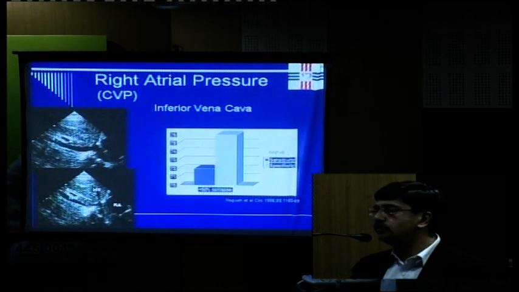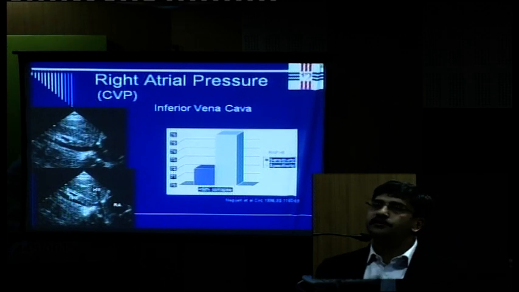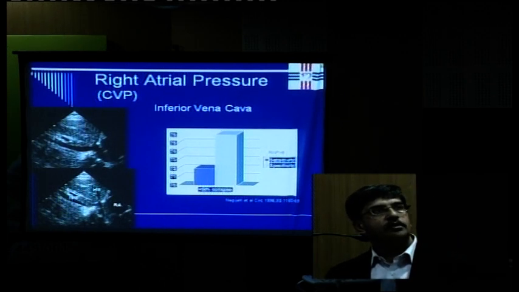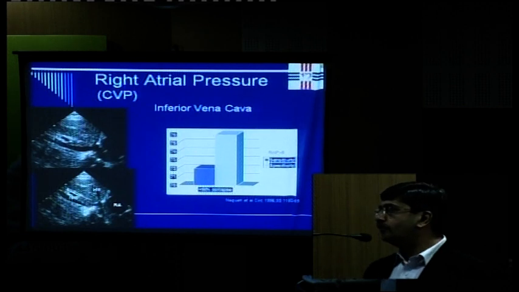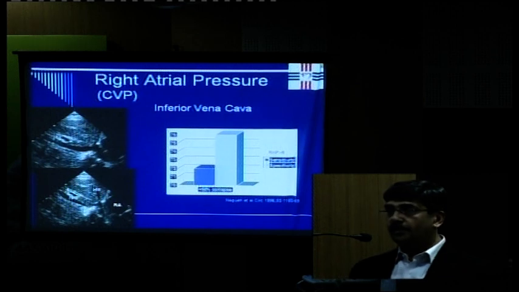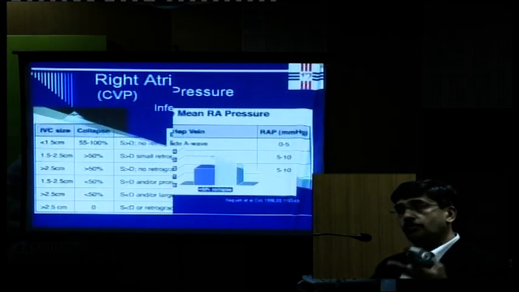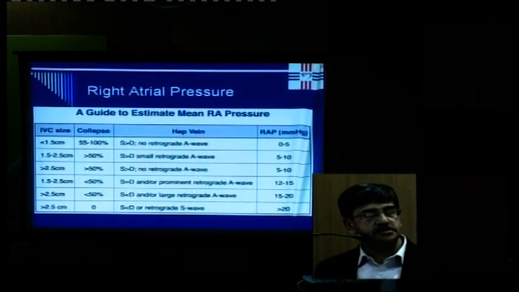This is called IVC collapsibility index. If your IVC collapsing is more than 50%, you have a good chance that your RA pressure is normal. If your IVC is collapsing less than 50%, your RA pressure is borderline higher. And if it is not collapsing at all, then it is a high RA pressure, or what we call CVP. See this?